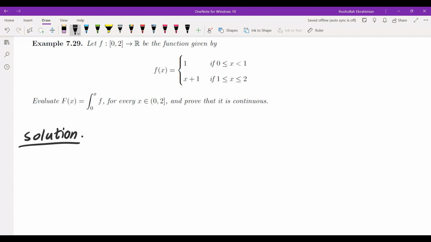If you look at this function, it's not a continuous function. It's continuous from 0 to 1, from 1 to 2, but at 1 it is not continuous. However, if you look at its integral, it ends up being in fact continuous.